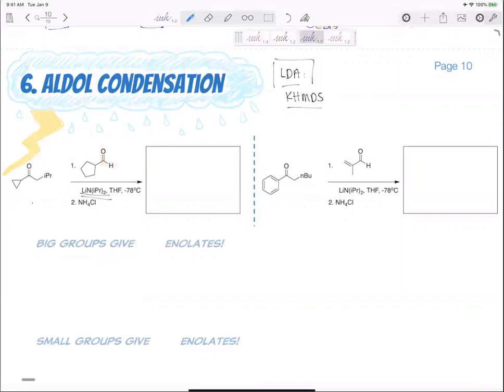And what we have here, I'm going to talk about why we get this product, but my base is going to grab this proton to form my enol.